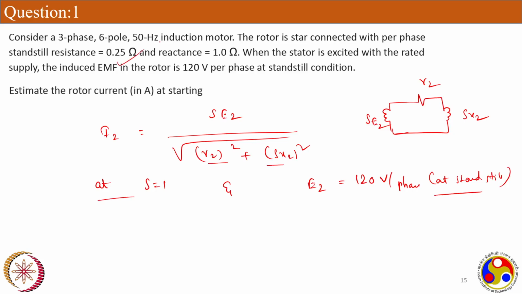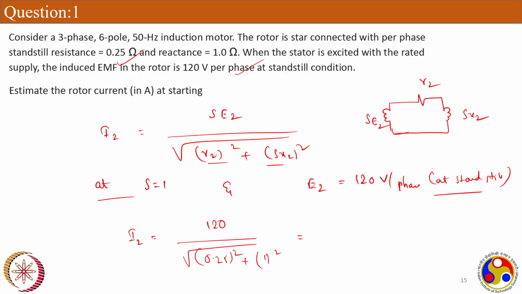So standstill resistance and standstill reactance are given. It's just I2 we have to calculate. It is 120 divided by the square root of 0.25 square plus, with S equal to 1, X2 is 1 square. So we calculate 120 divided by the square root of 1 by 16 plus 1.